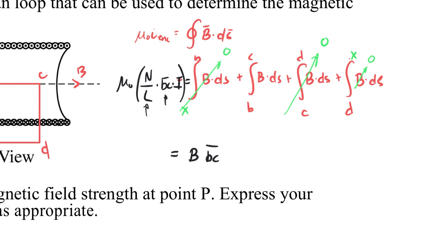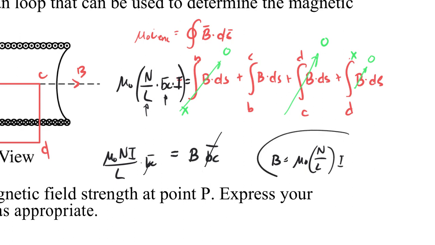So the BC's cancel on both sides, and we get mu naught N i over L times BC. Cancel those out, and B equals mu naught times the loop density times the current. And that's your magnetic field.